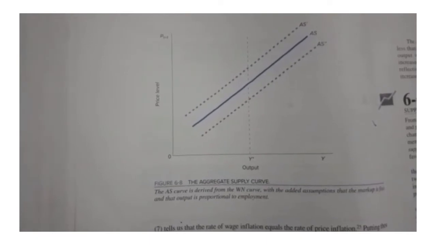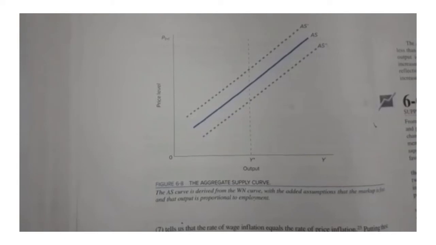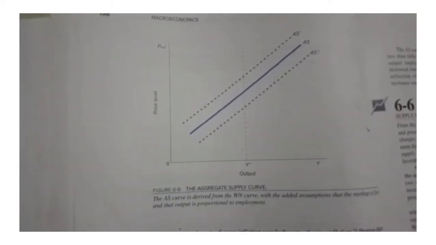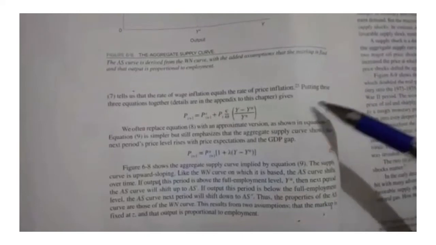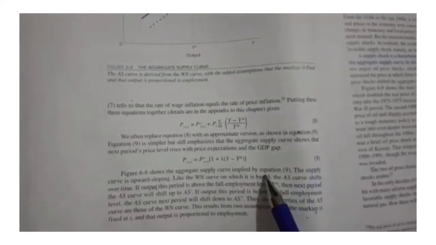This results from the assumption that the markup is fixed and that output is proportional to employment. And this is the formula. This is formula 9.